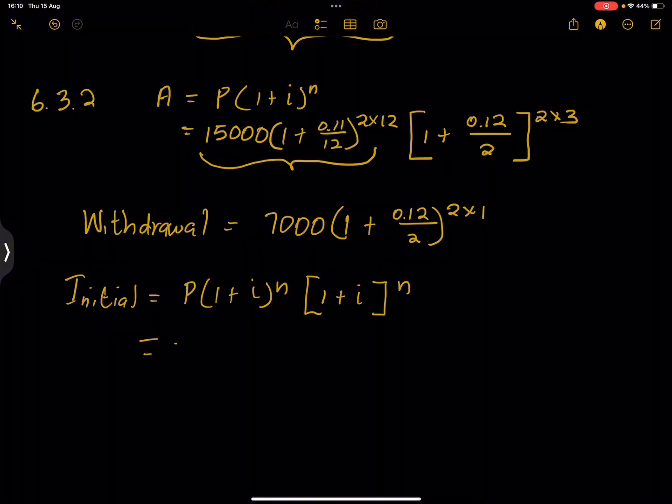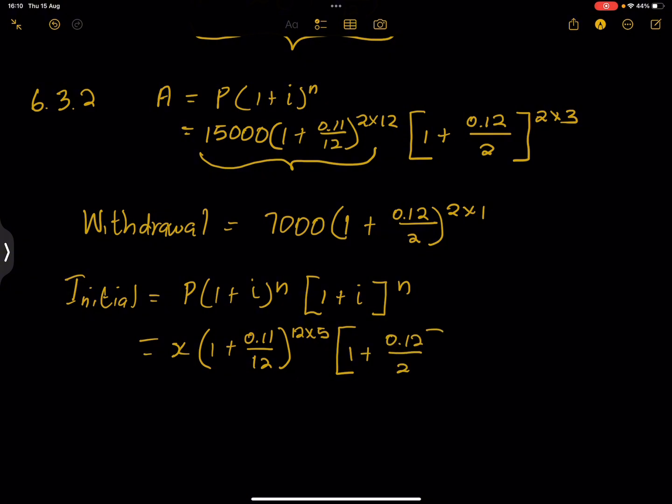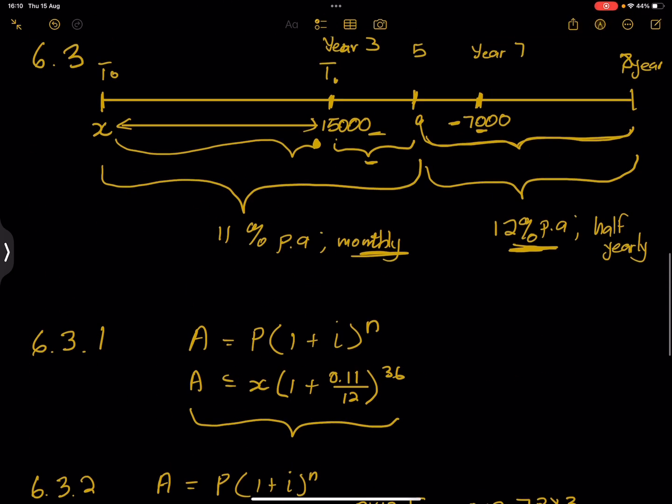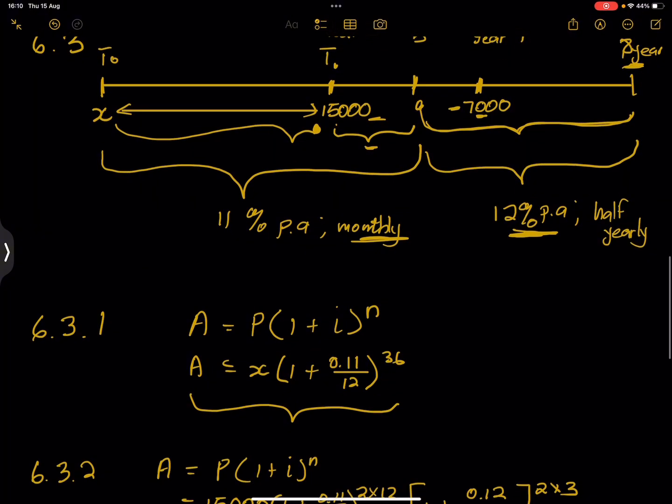So that would be x times 1 plus 0.11 over 12, the exponent of 12 times 5. But it also stays inside the account, so that's 1 plus 0.12 over 2, but now it stayed for another 3 years, from year 5 to year 8, at 12% per annum.